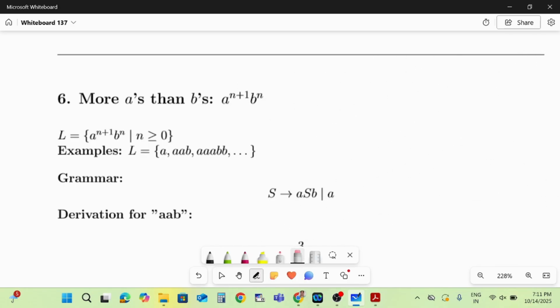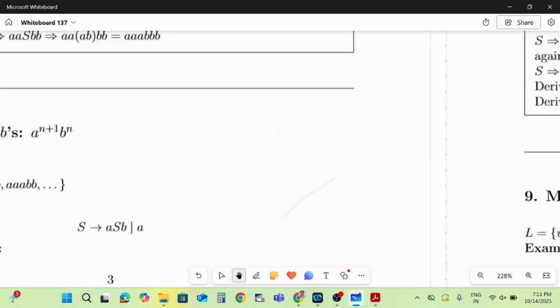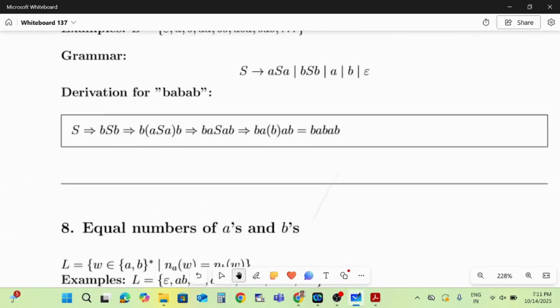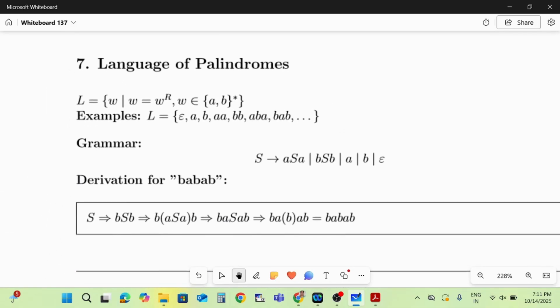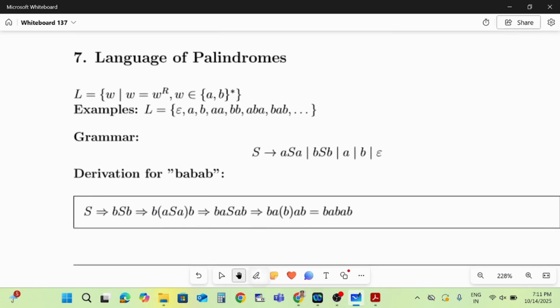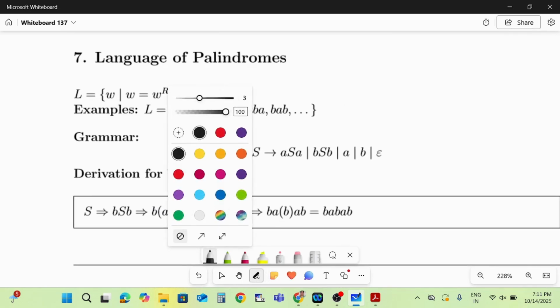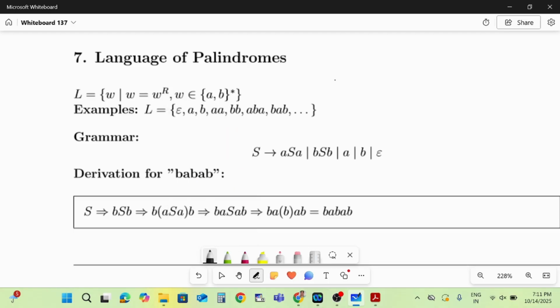Similarly, we have a few more examples. The next problem is the language of palindromes. For a palindrome, the pattern would be something like abba. The first and the last symbol should be the same, whatever character it takes, it should end with the same one.